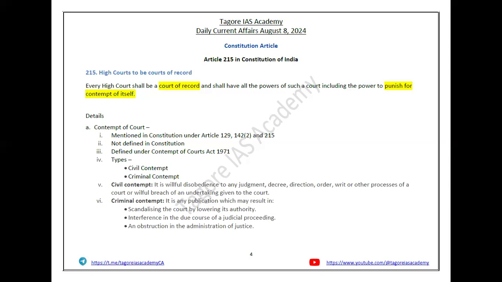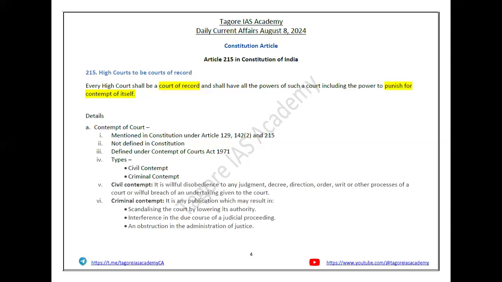What are the types of contempt? There are two: civil contempt and criminal contempt. They are given in Lakshmikant also. So you can revise. Otherwise, civil contempt is willful disobedience of any order of the Supreme Court, and criminal contempt is once you write something, once you publish something.